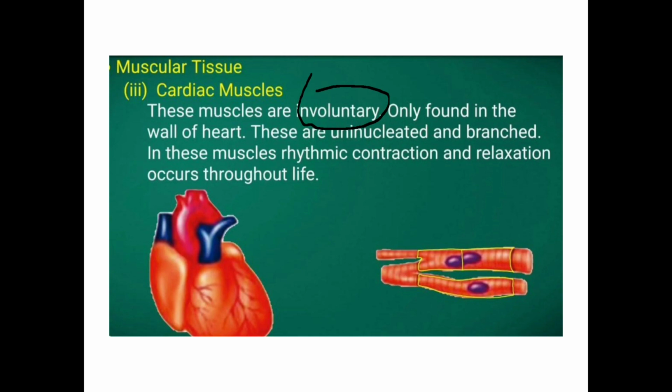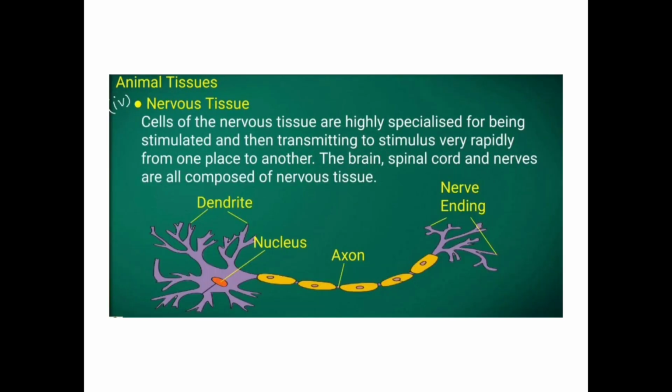These are uninucleated and branched. In these muscles, the rhythm of contraction and relaxation occurs throughout life. That means as long as the cell is living, it will rhythmically contract and relax. That's how the heartbeat occurs.